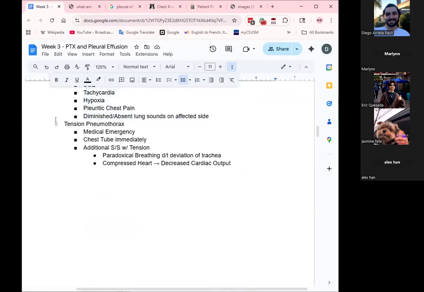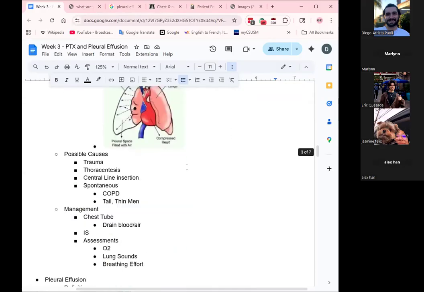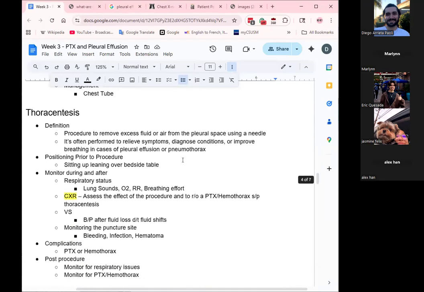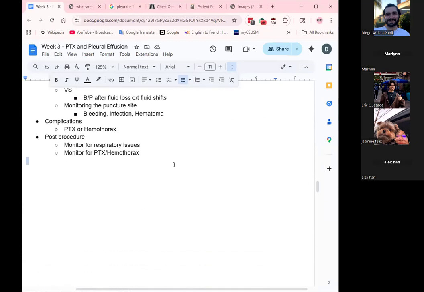You can compare that to a Foley versus a straight cath. A Foley means they're having long-term chronic retention, while the straight cath is a short-term, one-time thing. So you can use that logic to help get that picture across.